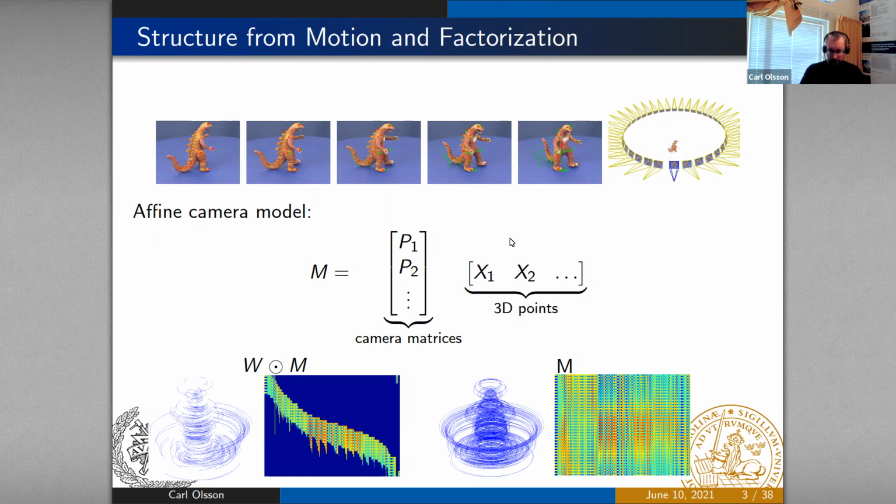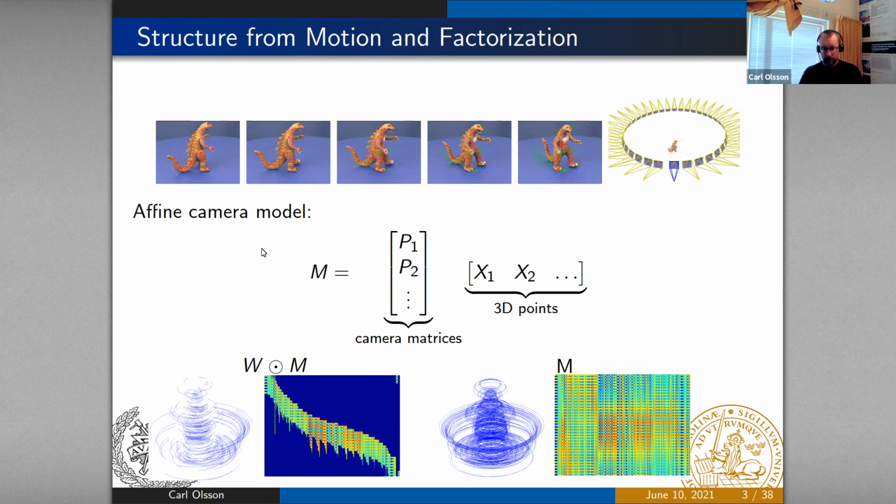Yes, and of course, since this is a real problem, what we observe is not the complete measurement matrix. We have noise, and I would say the most significant problem is the missing data. So when we track points like this, we will only be able to see them for a couple of images, either due to occlusion or limited field of view.